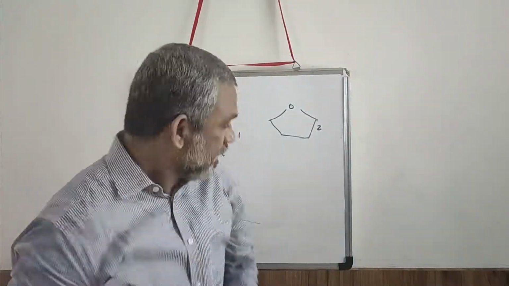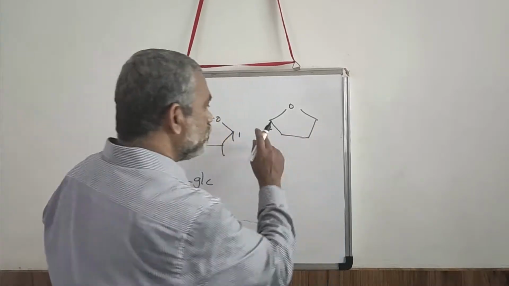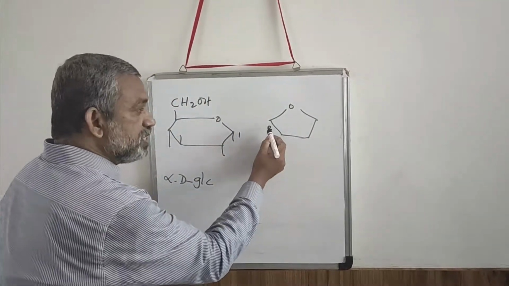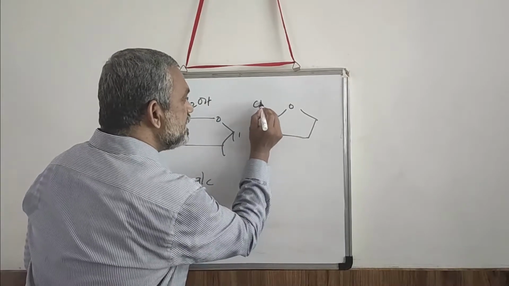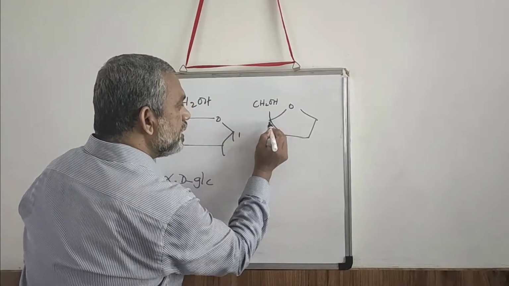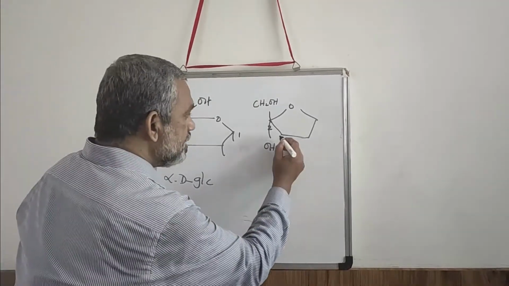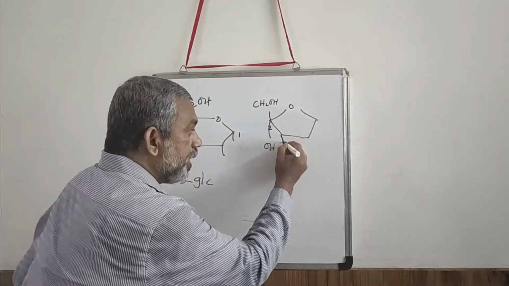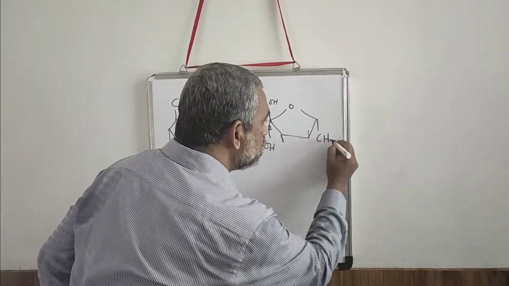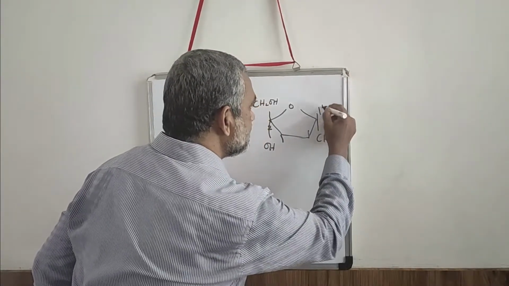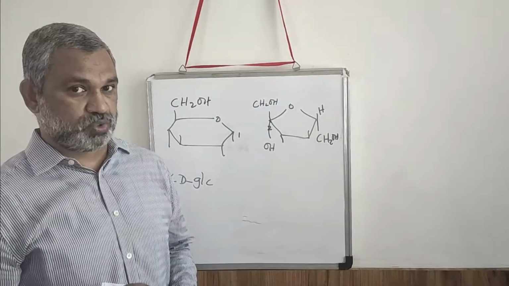So if this is going to be carbon number 2 in the case of fructose, then this will be CH2OH, this will be OH, and this will be OH, and this is OH, this is CH2OH, and this is O. This is the structure of beta D-fructose.